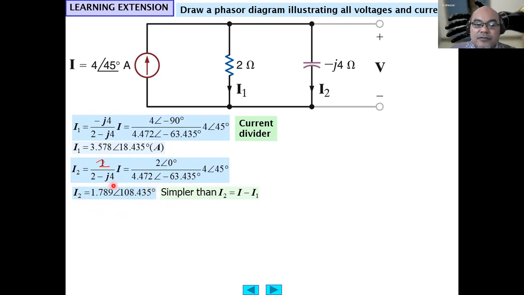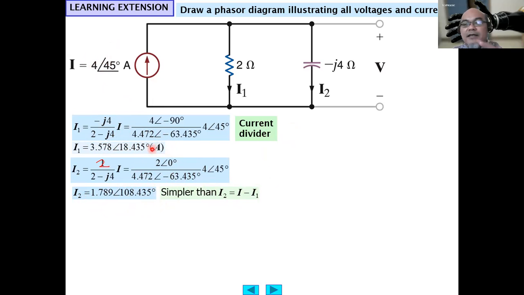Yeah, so here we calculate using the current divider formula also. It's simpler than subtracting I1 from I to obtain I2. If we have I1 here, I2 will equal 4 at 45 degrees, minus 3.578 at an angle of 18.435 degrees.